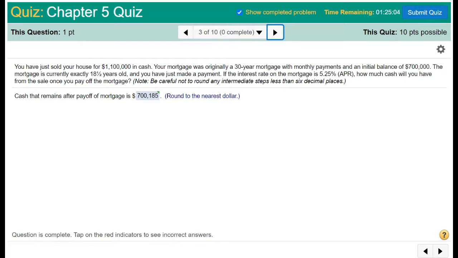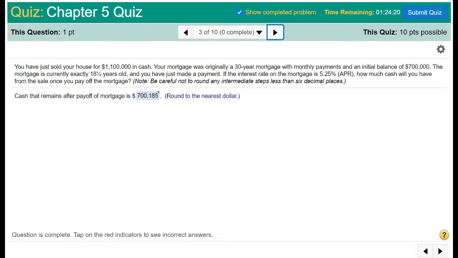So what we're going to do, 30 years, we're going to convert that into months. So 30 times 12 is 360. I is 5.25 divided by 12 to reflect the monthly. Then we're computing for payment. Future value is 0. Present value is 700,000. Then we get the payment amount.